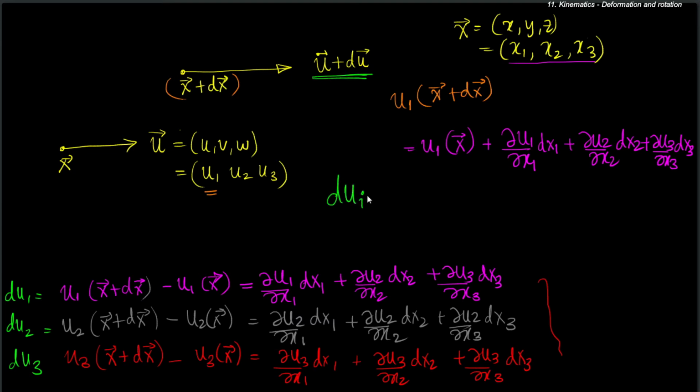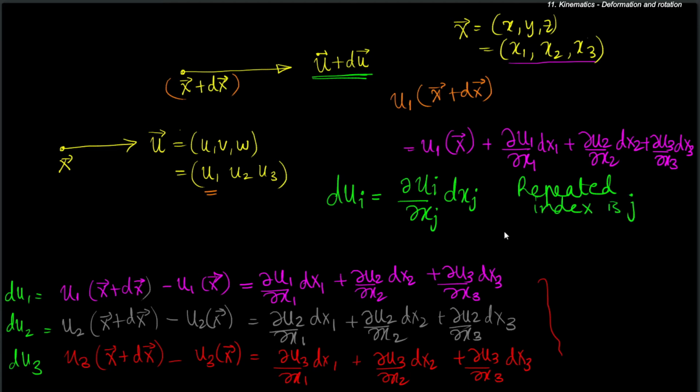So dui is equal to del ui del xj dxj, where the repeated index is j, and let me just reiterate, if we have a repeated index, then this particular statement is equivalent to writing summation del ui del xj dxj, j summed from 1 to 3, and you can easily verify this statement with the help of these particular equations.